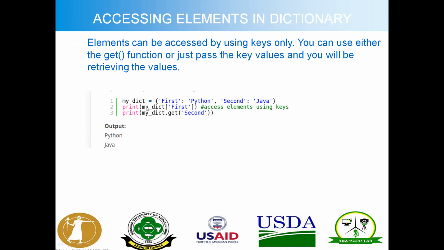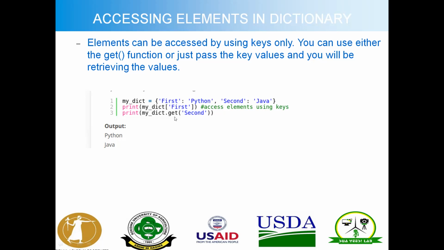You specify the name of the dictionary, then dot function get, and inside the function get, you provide a parameter, and that parameter is the key on which you want to access its value.